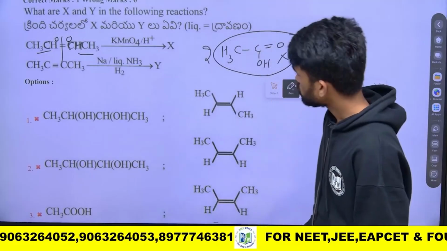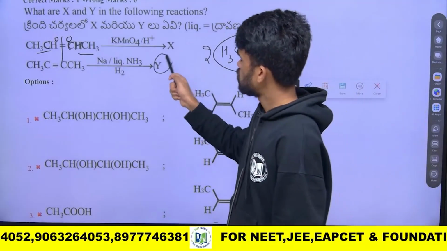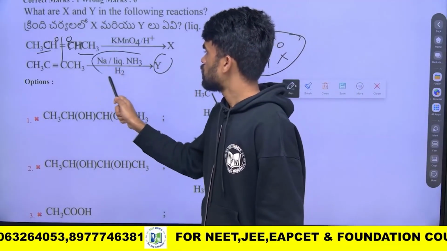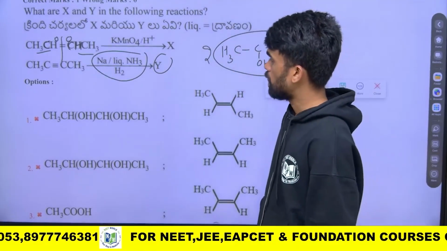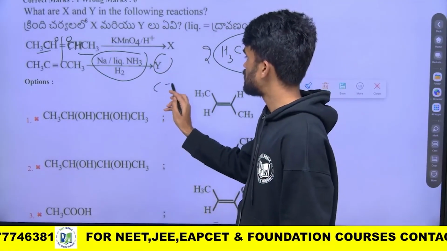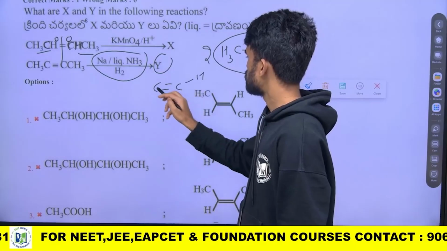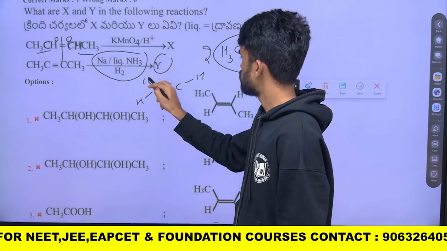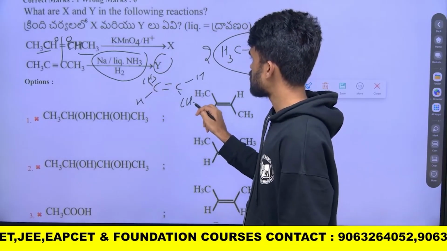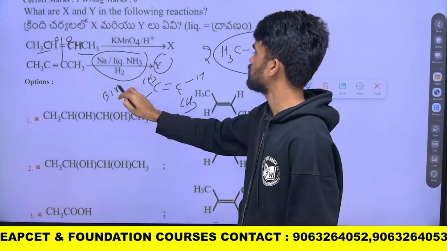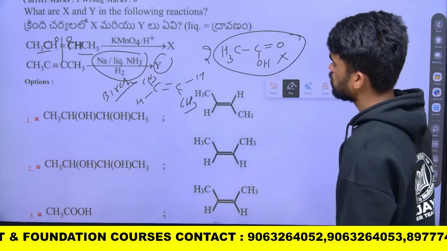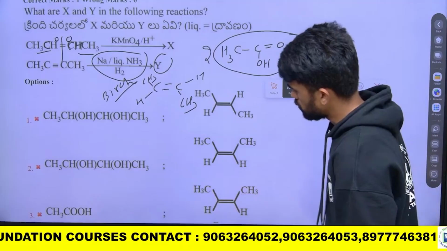Okay. The next, what about Y here? So alkynes with sodium in liquid ammonia undergo reduction and give trans alkenes like this. Trans alkene. Okay, this is called Birch reduction. So where do we have this kind of option?